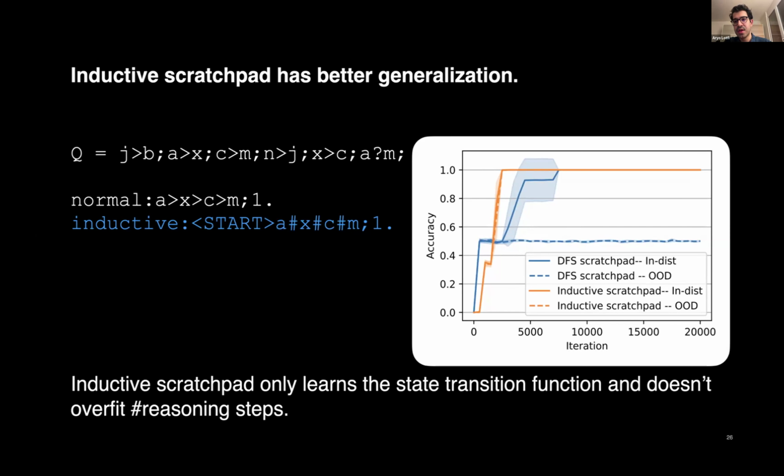But with this small modification, and the modification in the architecture, we can get perfect OOD generalization. The reason is that the Inductive Scratchpad just learns the induction step, or basically the state transition function, and really doesn't care about the number of reasoning steps. While the normal Scratchpad usually overfits to the whole sequence, and doesn't really use the inductive or repetitive behavior that is present in the Scratchpad.